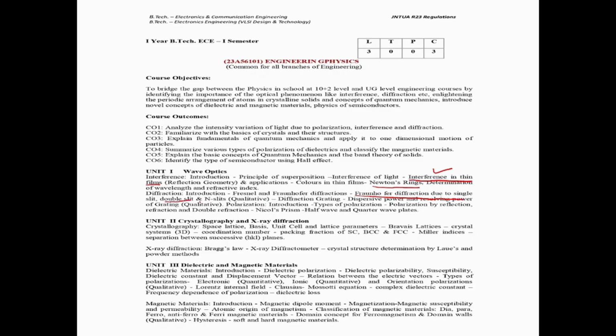Out of these two essay questions, generally double slit is asked more frequently in the university end examination compared to the single slit. Therefore, if you focus on the single slit and double slit, definitely there is a possibility to get one essay question. Then coming to the third part, that is the polarization part.